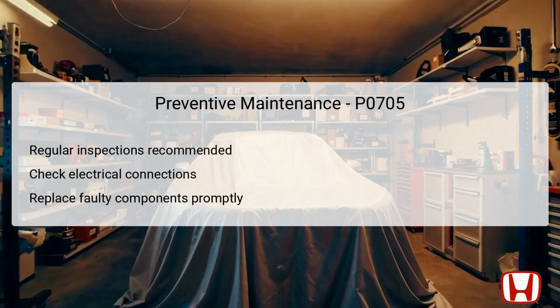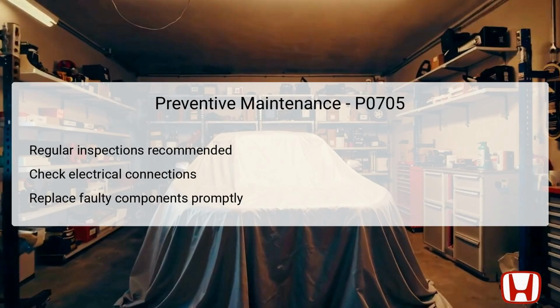Preventive maintenance is key to ensuring the longevity and reliable operation of the transmission range switch and corresponding systems. Technicians should regularly inspect wiring and connectors, especially those linking the transmission range switch to the PCM. Look for any signs of corrosion, wear, or loose connections, as these can lead to significant failures down the line.